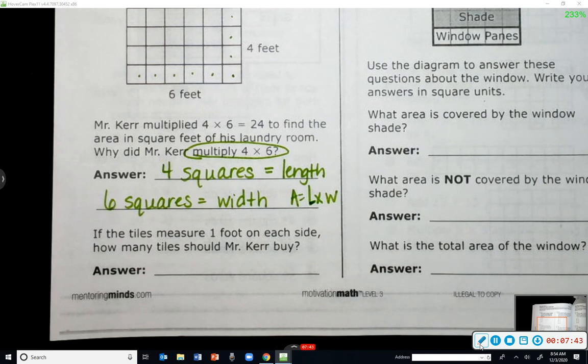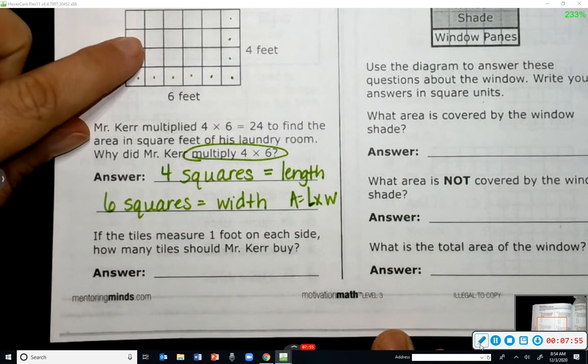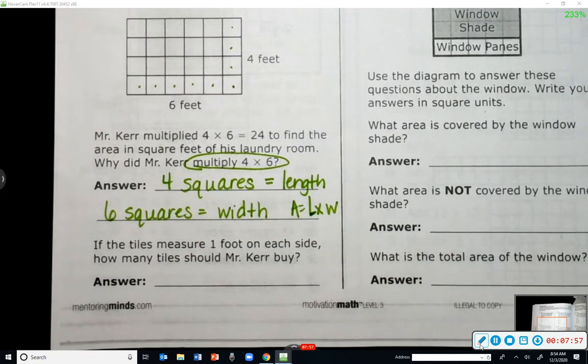If the tiles measure 1 foot on each side, how many tiles should Mr. Kerr buy? What do you think, Kelsey? How many tiles does he need to buy for this floor up here?